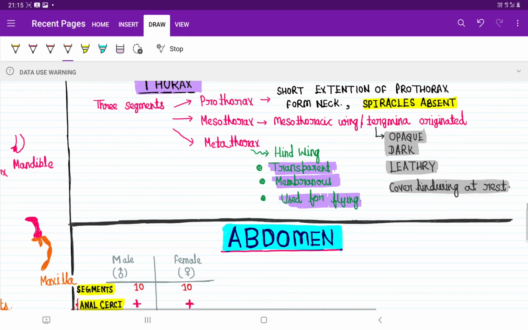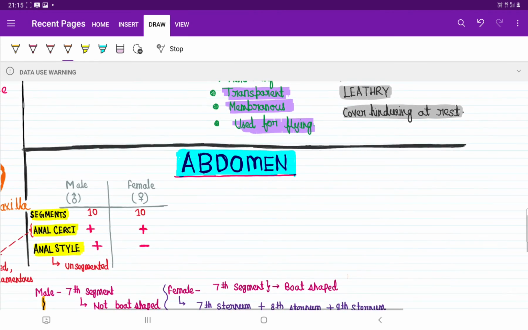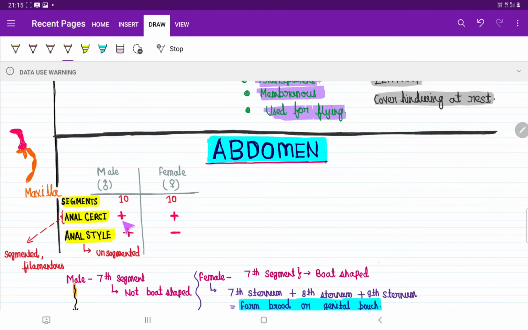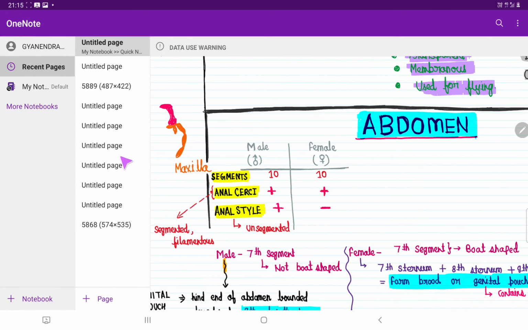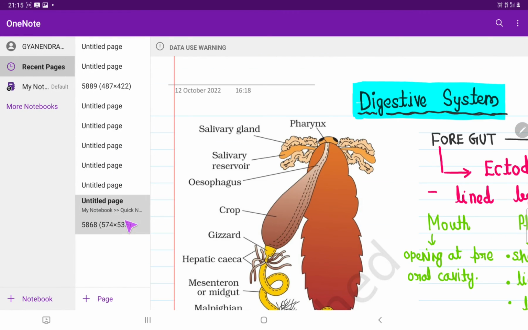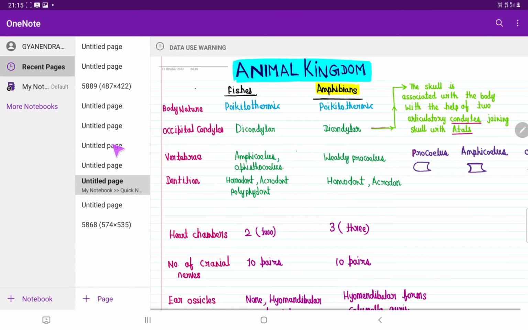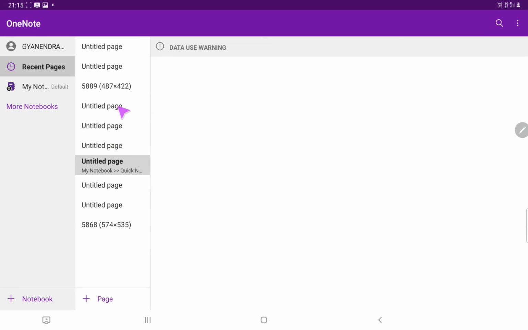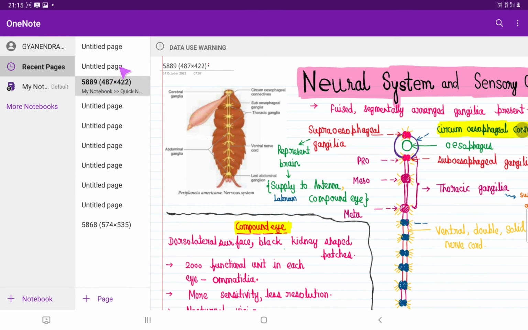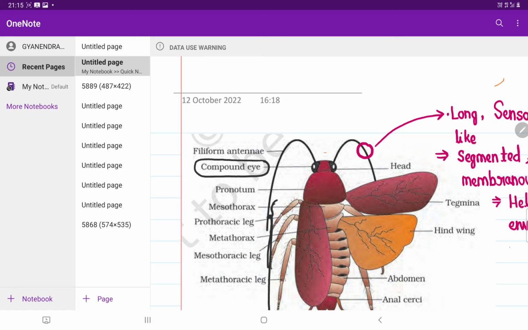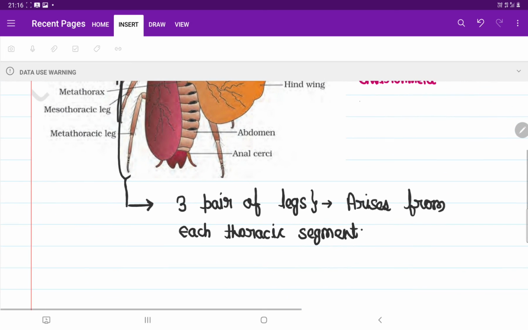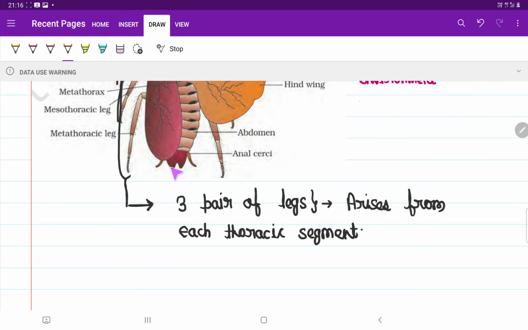We discussed that anal cerci are present in the male, and in the female also anal cerci are present. They are segmented. See, this is the anal cerci.